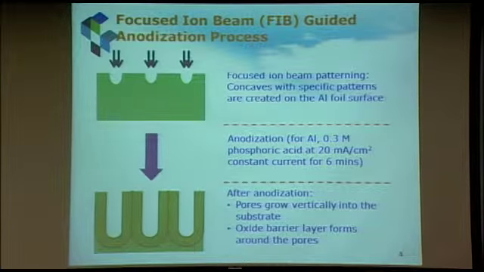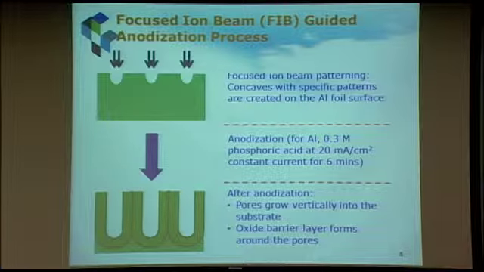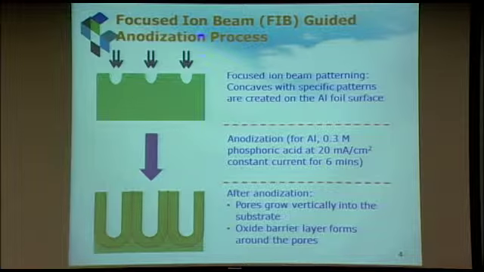So the idea we had was to start out with some guidance for this patterning process. The guidance we provided was through the focused ion beam. So you have a metal foil, and then you bring this to the ion beam, and you start making some really shallow, very, very shallow indents. We call these concaves.